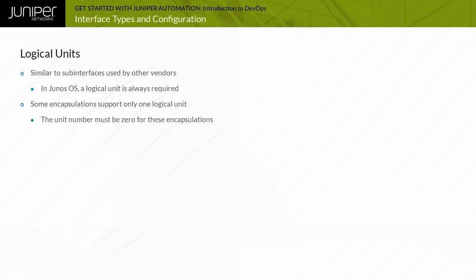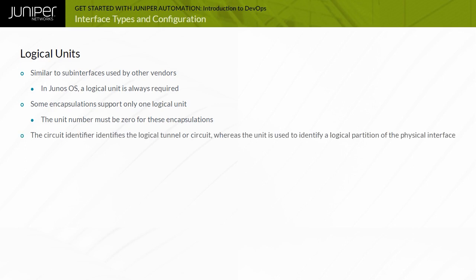Other encapsulations, such as frame relay, ATM, and tagged Ethernet, support multiple logical interfaces, so you can configure one or more logical unit numbers. The unit number and the circuit identifier are different in meaning. The circuit identifier identifies the logical tunnel or circuit, whereas the unit is used to identify a logical partition of the physical interface.